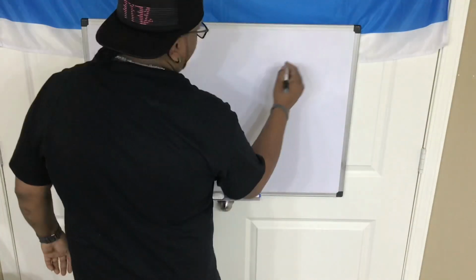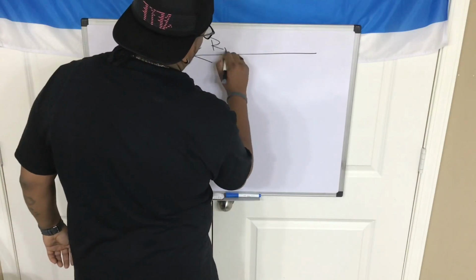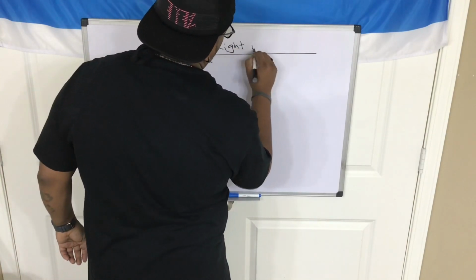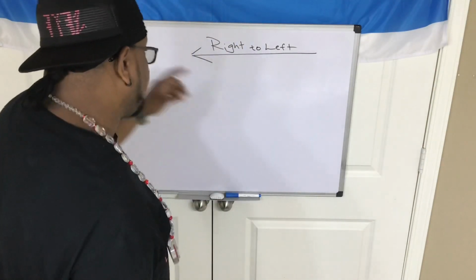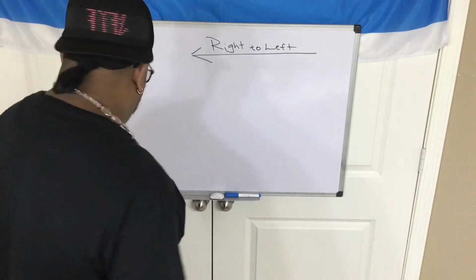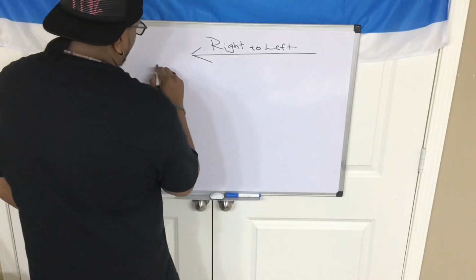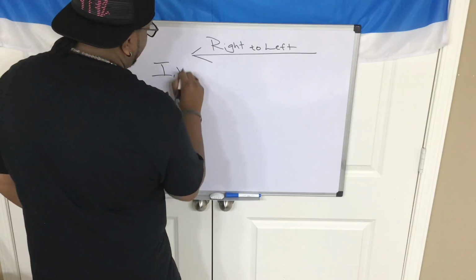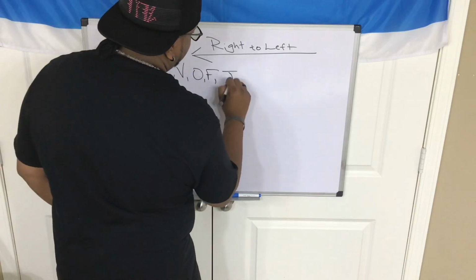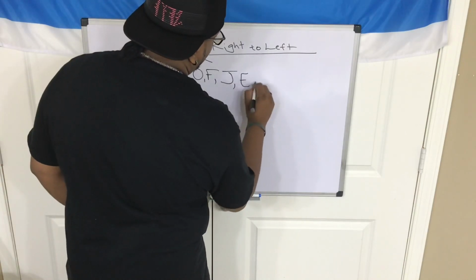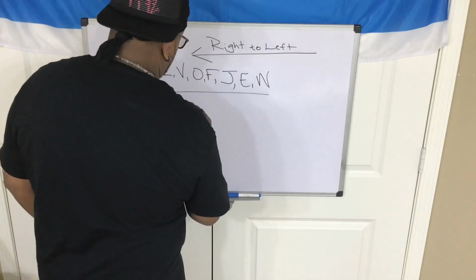And the Alaph-Bayt, you must understand that it goes from right to left. Before we learn this, from right to left. It's not left to right like we write in the English. You also must know that there is no I, V, O, F, J, E, or W in the Alaph-Bayt.